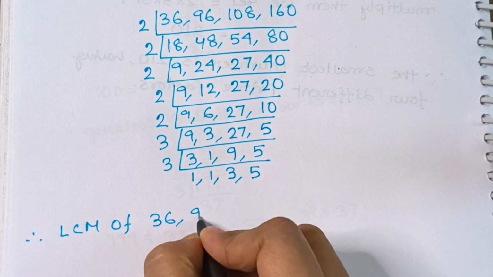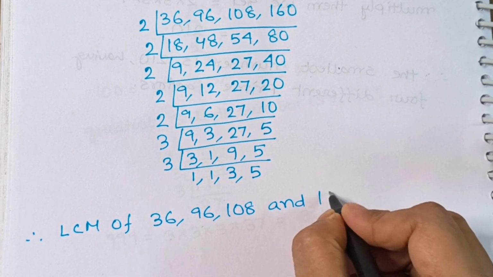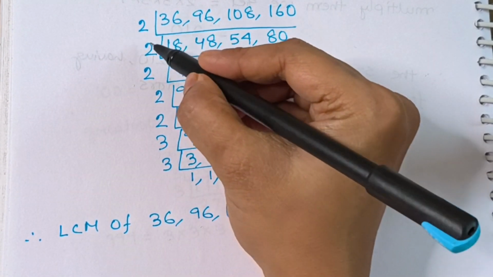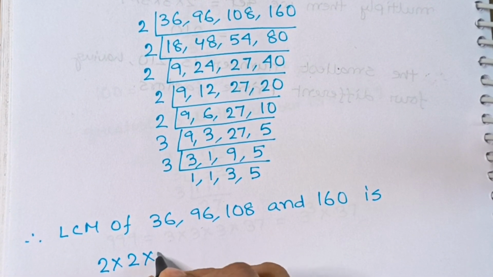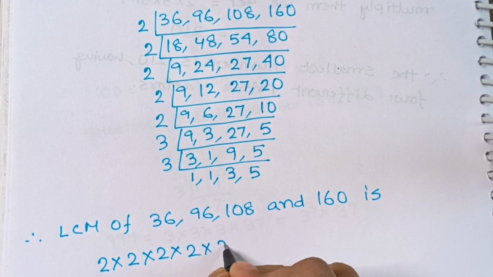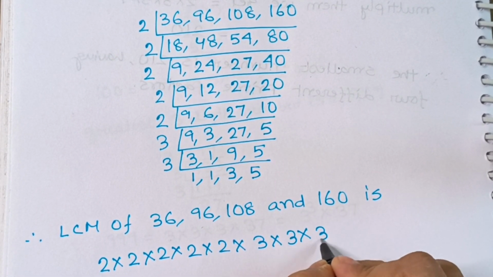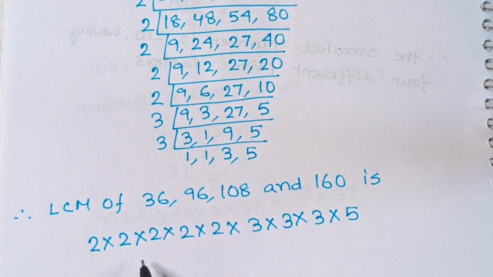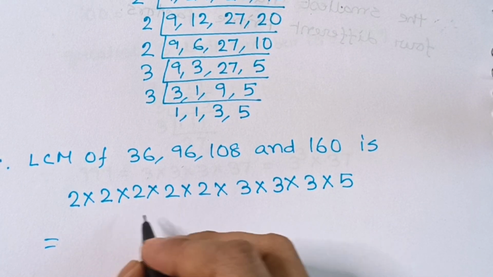Now check for 3. Here 9, 3 and 27 are divisible by 3. We will get 3, 1, 9, 5. Both 3 and 9 are divisible by 3. We will get 1, 1, 3, 5. Now multiply all the divisors and the remaining prime numbers.